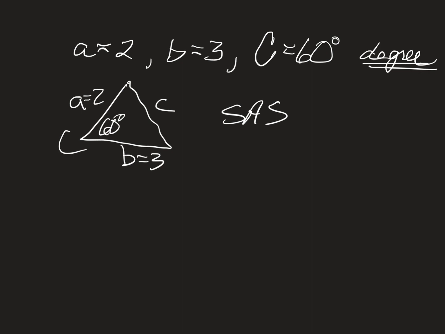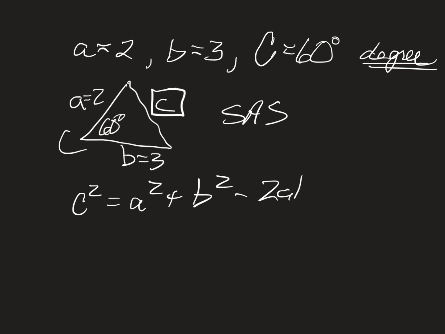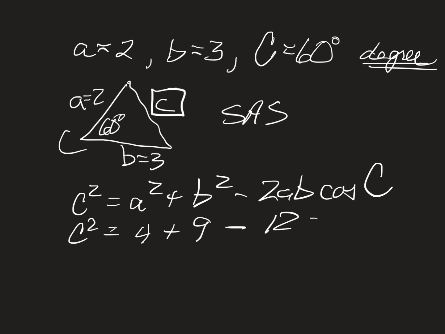Now, what I want to first find is side C, the missing side. So I go C squared equals A squared plus B squared minus 2AB cosine of C. And so now C squared is equal to 4 plus 9 minus 12 cosine of 60 degrees.